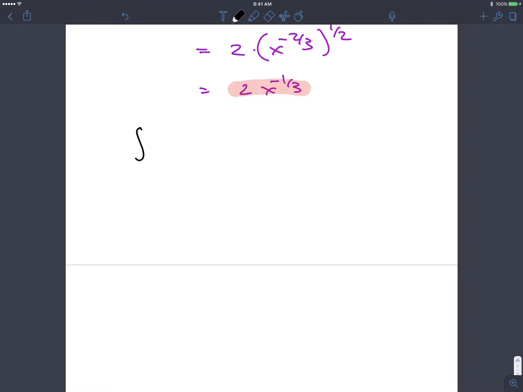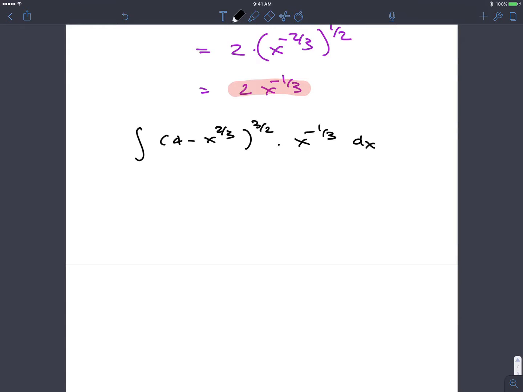So what was that function? 4 minus x to the 2/3, raised to the 3/2, times x to the negative 1/3 dx.